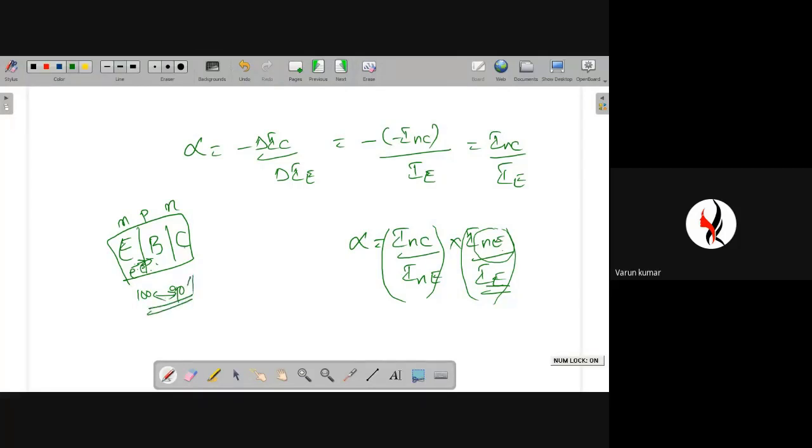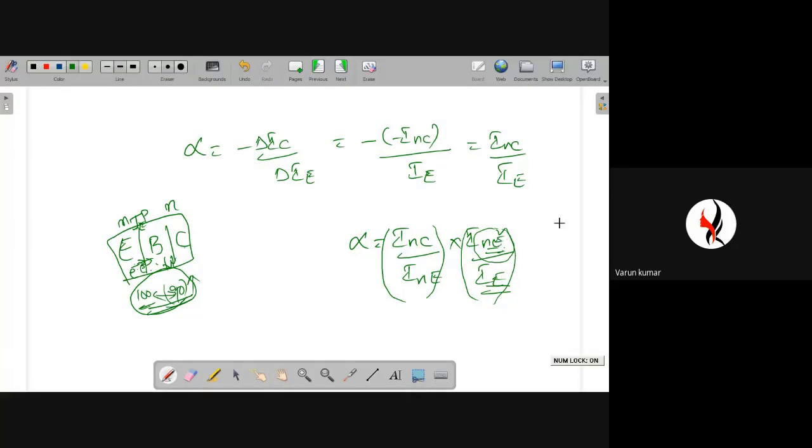So if there are 100 electrons injected by the emitter, and 90 are reaching, then it is reaching 90% efficiently. Before reaching the base itself, only 90 have reached. So those 10 electrons indicate the loss, or you can say recombination happening.